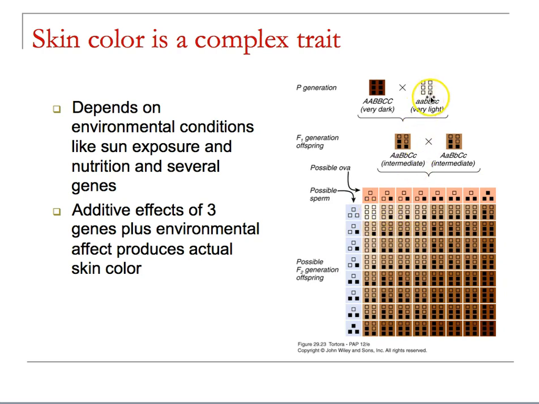Okay, which makes sense. Very light and very light, you end up with a very light pigment over here. Very dark and very dark, you end up with the darkest pigment in this corner here. And just go 1, 2, 3, 4, 5, 6, 7, 8. How do you end up with 8 permutations this way? That's the possibility of 64 possible gene dosages to give you the skin pigment color.